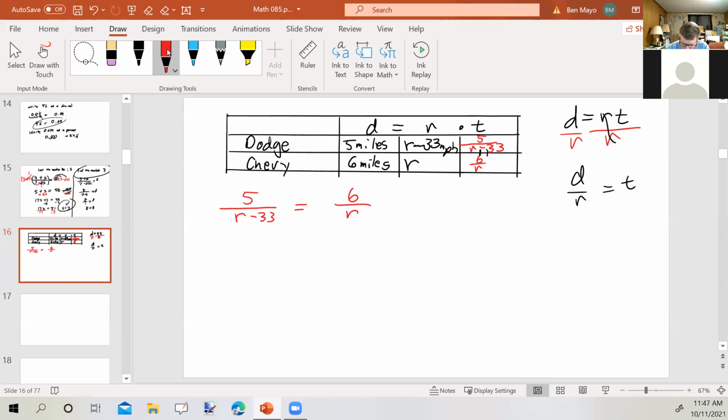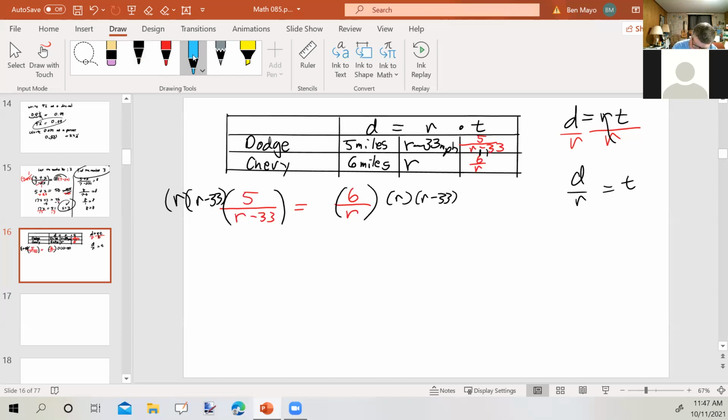Okay, so I now have a rational equation. I'm going to solve it for R. I'm going to multiply both sides by the LCD, which would be R times R minus 33. So I'm multiplying both sides of the rational equation by the least common denominator.